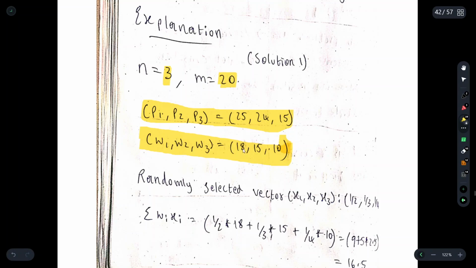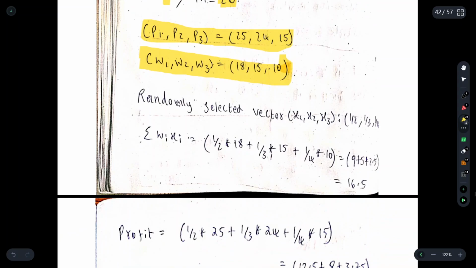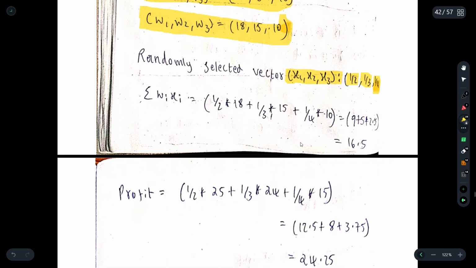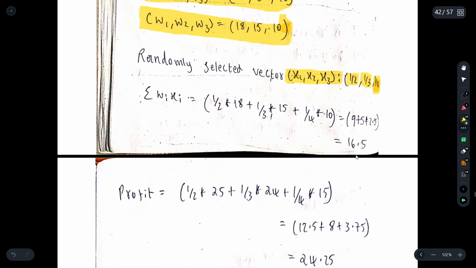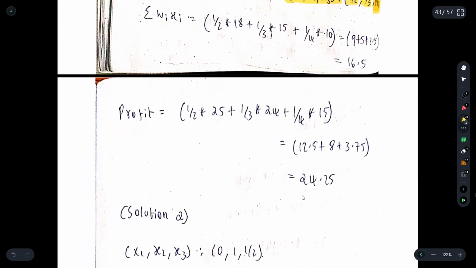Now we can randomly select some solution vectors, that is x1, x2, x3. I selected 1/2, 1/3, 1/4, and then calculated the weight and the profit. It shows 16.5 and 24.25, so the bag carries a weight of 16.5 and a profit of 24.25.